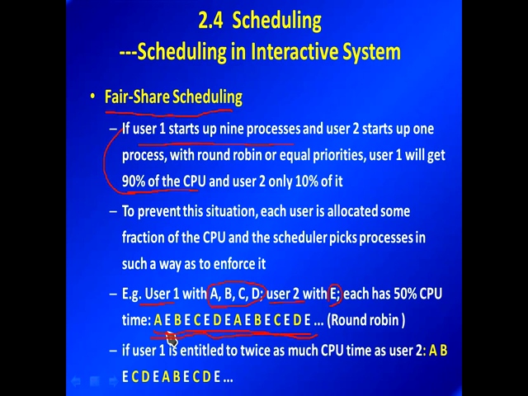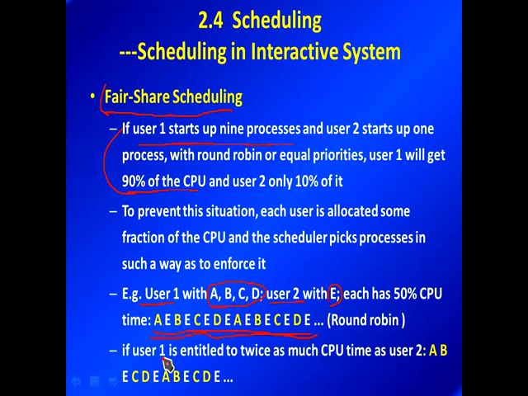If we stand from the perspective of users, we can choose this fair share scheduling. Of course, it's not fixed that each user will get equal CPU time. Maybe some users are administrators or some users are just guests.